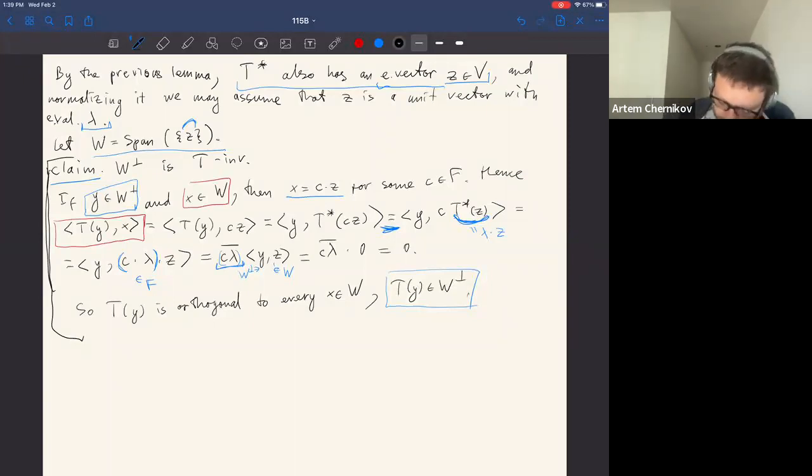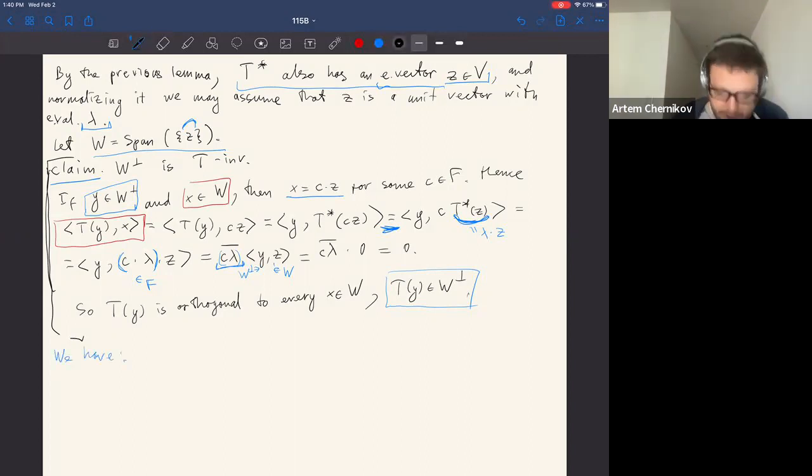But for now, we need to collect some observations about the characteristic polynomials. So we have the following claims at this point.